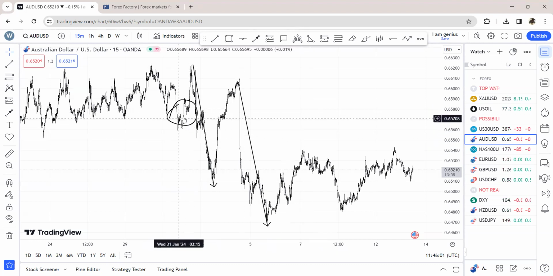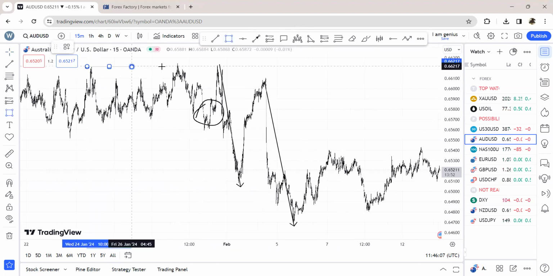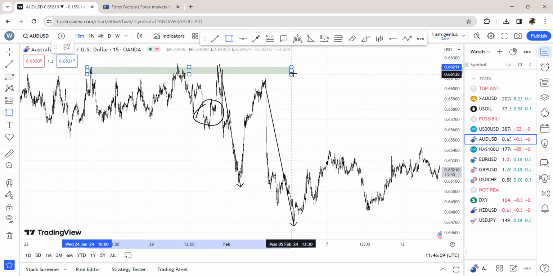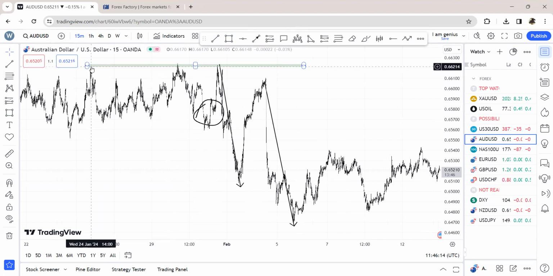So you could see here, right, after that news release, and then let's say you were thinking the market has been failing to break that level. It tried it once there, couldn't break past that level. Now you have some form of resistance.